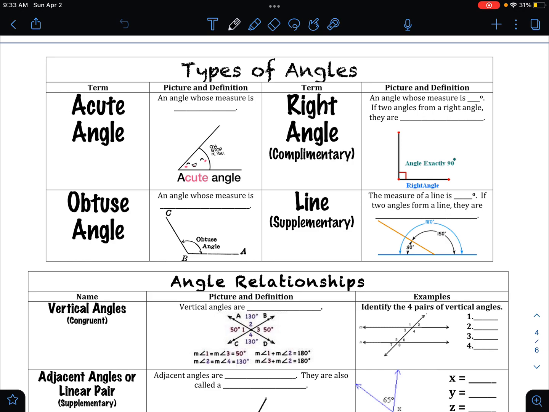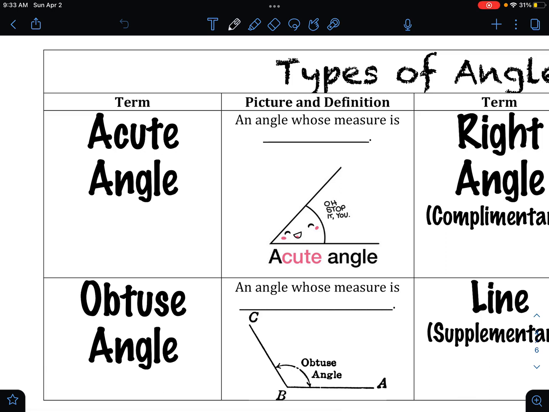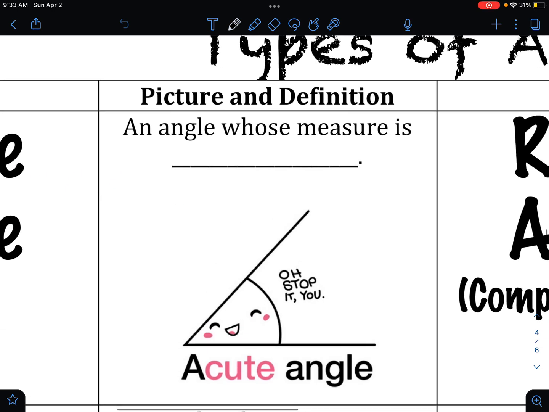These types of angles part you probably already know from 6th and 7th grade, but an acute angle is an angle whose measure is less than 90 degrees. And we like to use visuals like this, like, oh, stop it, you. It's so cute.